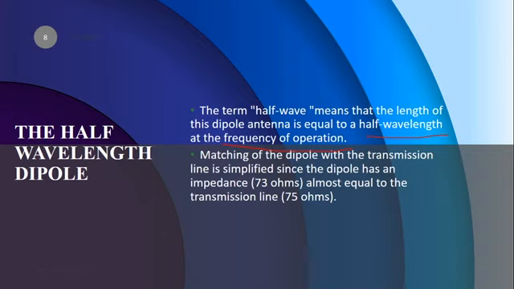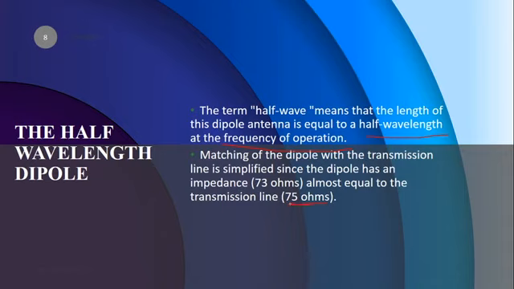And since the radiation power is more, when you see the impedance of this half wave dipole antenna and the transmission line, the Z0 value of the transmission line will be mostly 75 ohms in any of the applications.